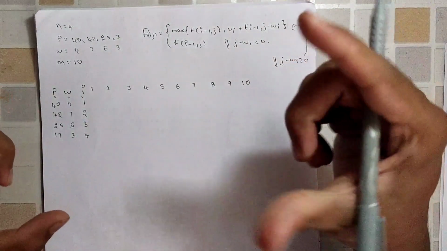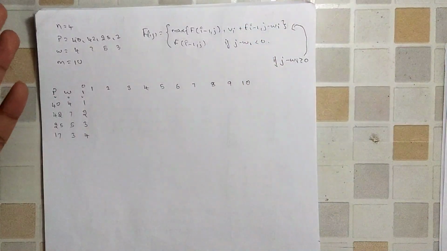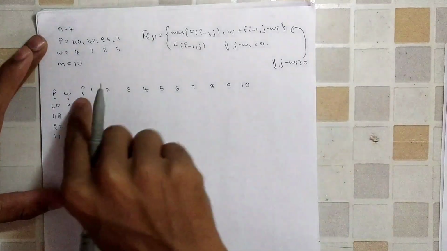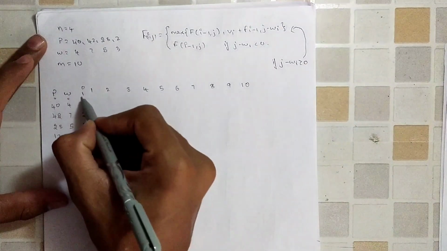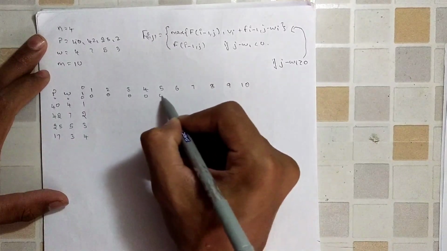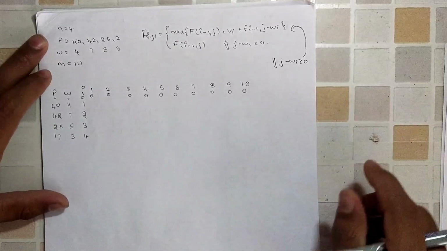It's like in lab equipment, test tubes and flasks have measurements in ml, so consider this as the measurement for weight from 1 to 10. Initially when nothing is in the knapsack, the weight, the profit and everything is 0. So this is the initial row.